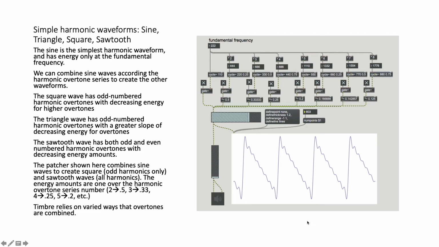As an example, the trumpet has a very rich number of overtones, and they're very bright sounding. They're very present. On the other hand, the flute has relatively fewer overtones that we hear in the flute sound, and thus you could say that the flute is closer to a sine tone than the trumpet, and the trumpet is closer to a sawtooth wave.